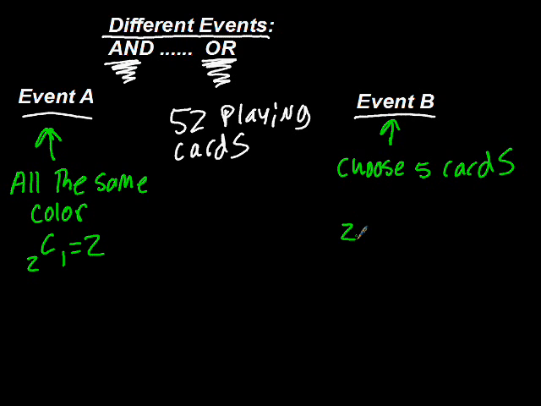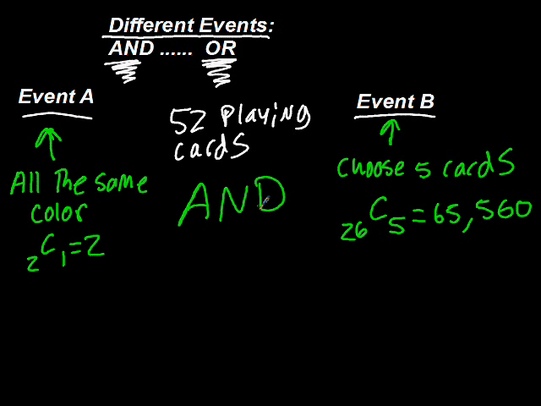We have 26 choices, and we're choosing 5. This combination is going to end up being 65,560.